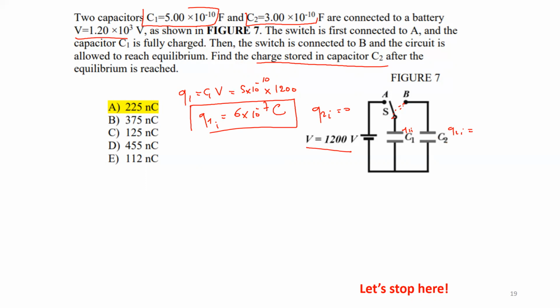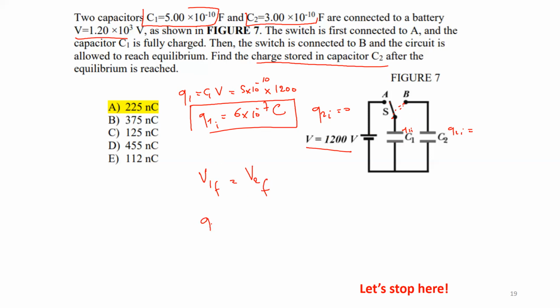Now, if I push the switch here at B, what will happen? I will have exchange of charge. The charge will leave C1 and go to C2. It will stop when V1 final is equal to V2 final. But what is V1 final?